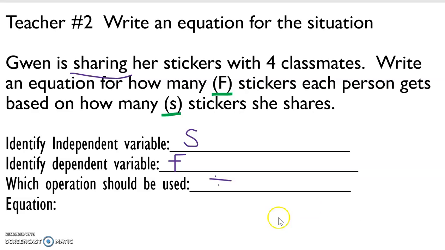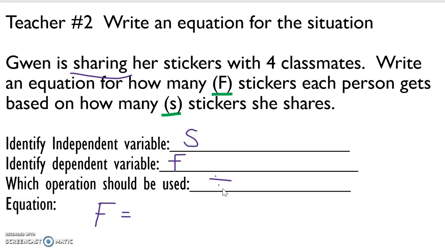When I go to write my equation, we're going to start by writing the dependent variable. In this problem, that is f. Since the dependent variable is determined by the independent, we leave that on one side of the equation by itself. In this problem, we're using division. So before I include my independent variable with the operation division, I want to think about the order in which I should write those.